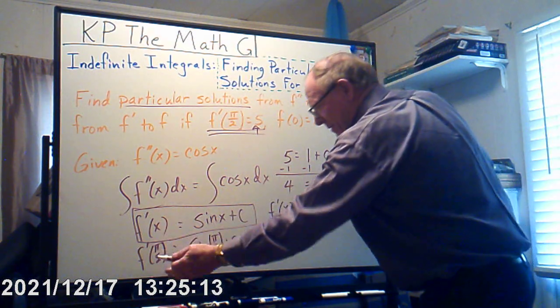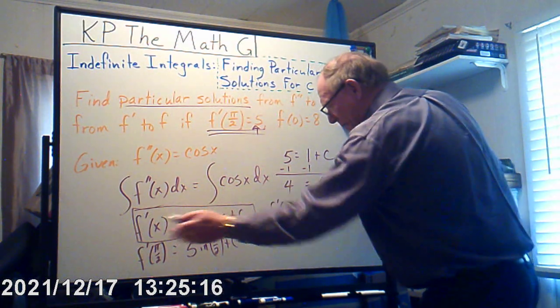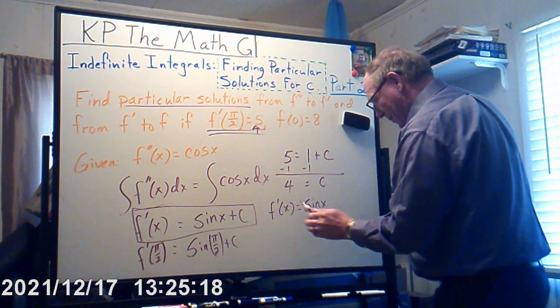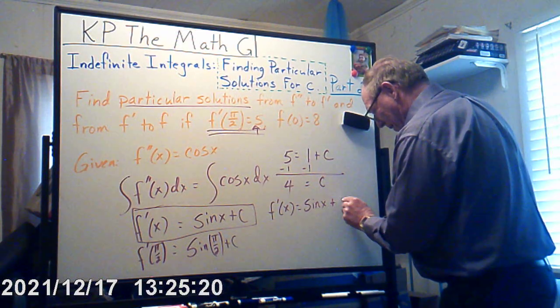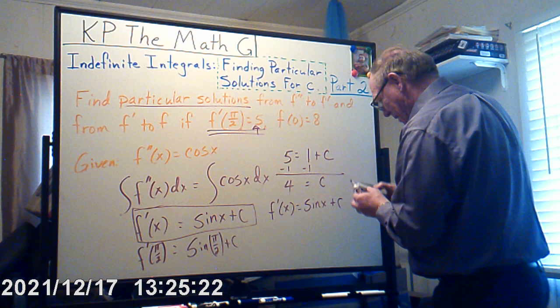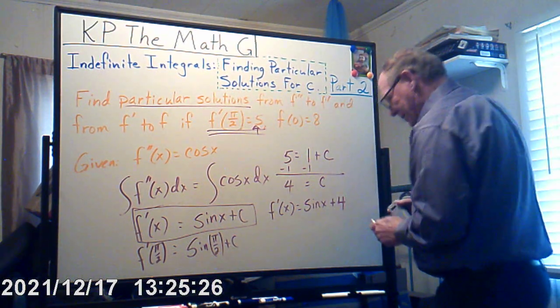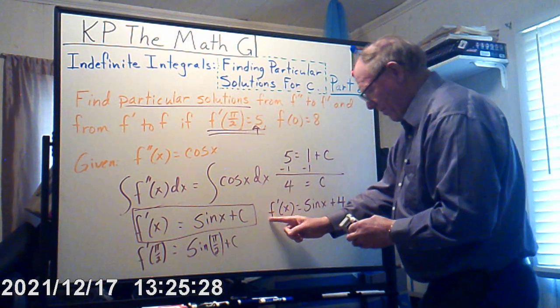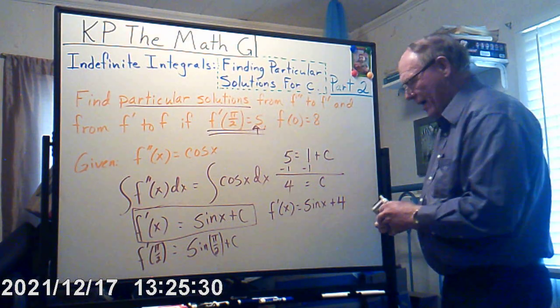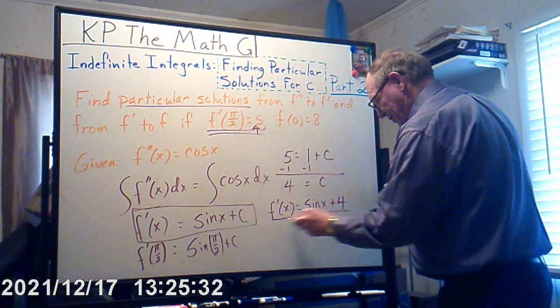No more do you put the pi over 2 in. You use that to find what 4 is. So now plus c, which is, well, c is 4. There it is, that's f prime at x: sine x plus 4.